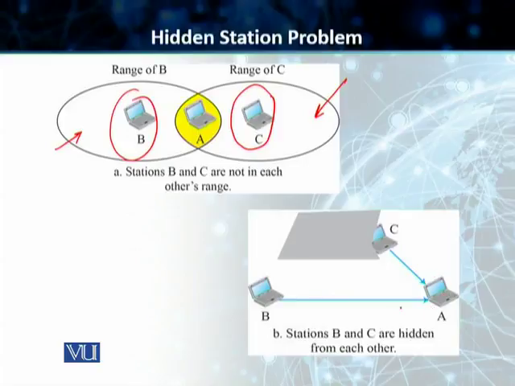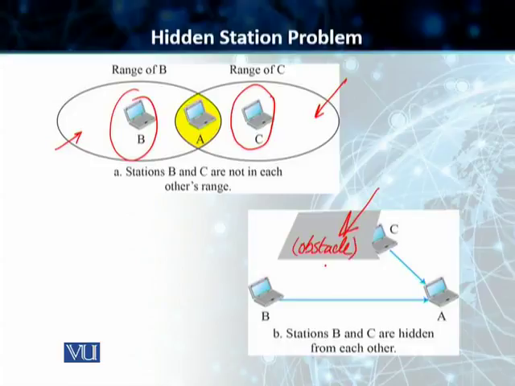Students, second scenario, bottom figure: as you can see, B can see A and C can see A as well, but C and B cannot see each other. So basically they are hidden from each other because there is an obstacle in the middle, which does not allow the propagation of electromagnetic waves through it.